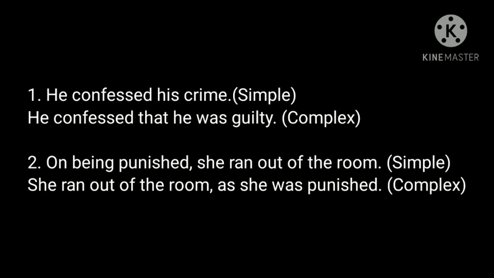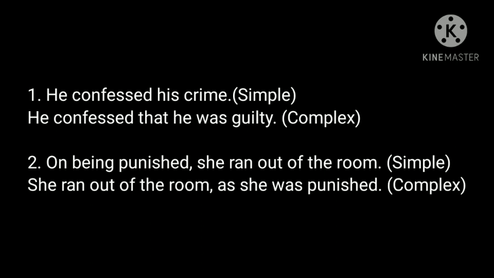So now we can say that the sentence "He confessed that he was guilty" fulfills all the criteria of a complex sentence, and so the simple sentence "He confessed his crime" is transformed into a complex sentence as "He confessed that he was guilty," having "that" as subordinating conjunction. Children, we can take one more example.